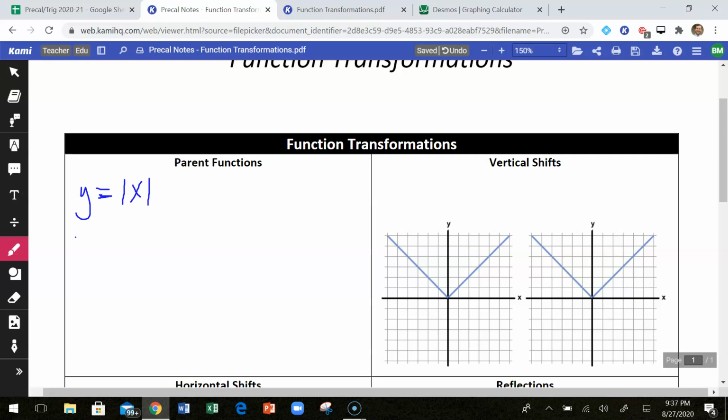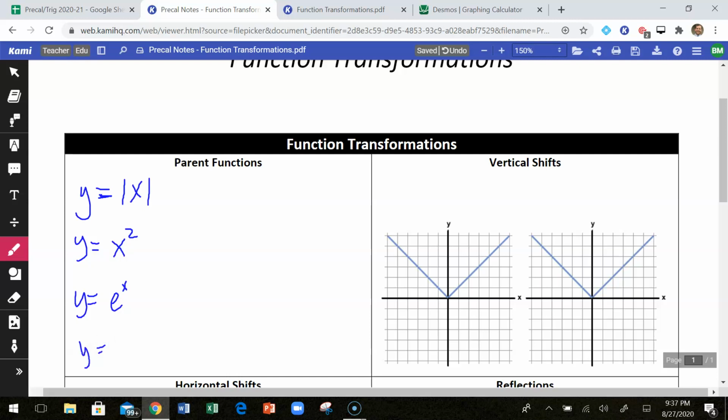Some other parent functions that you may see are like y equals x squared. It's a parabola, but it's the simplest form of that I can get, x squared. I don't have x squared plus anything else or minus anything, multiplied by anything. It's just y equals x squared. Okay, and you're going to see a lot of these, like maybe even e to the x, an exponential function.